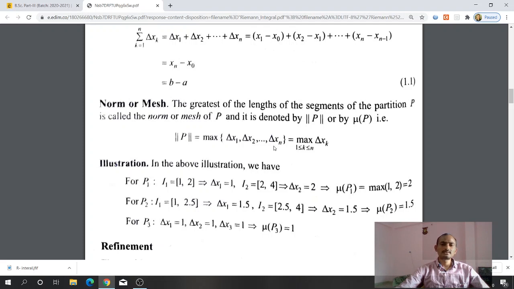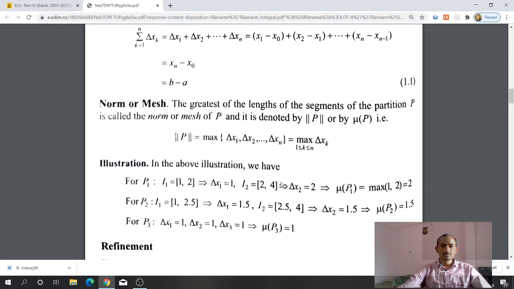Delta xn is the length of the nth segment of this interval I. So we have taken the length of each interval and we have taken the maximum of these lengths. Whatever the maximum length of the interval is, that is called the norm or mesh of that partition P.